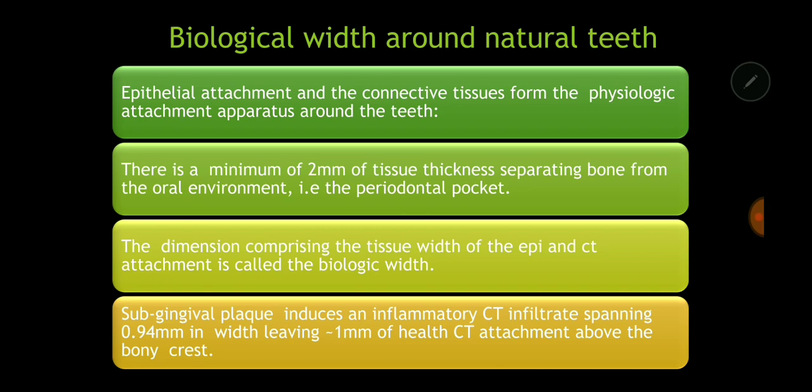The subgingival plaque usually can induce inflammatory connective tissue infiltrates, which can span 0.9 millimeters in the biological width. So that leaves about 1 millimeter of healthy connective tissue above the bony crest. When you place an implant, you're supposed to understand these dynamics.